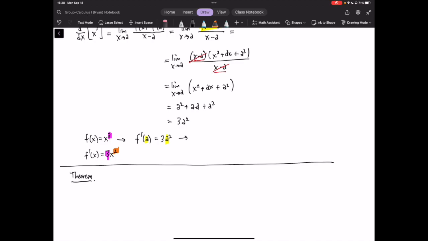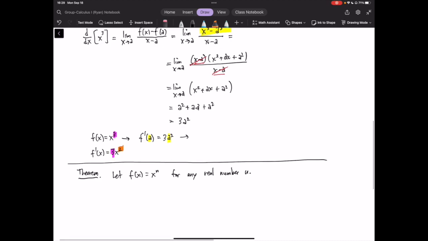So here's the theorem. It says let f of x equal x to the power n for any real number n. Okay, the only real number that we would really want to question here is n equals 0, but it turns out it's okay. So I'm just going to leave it.